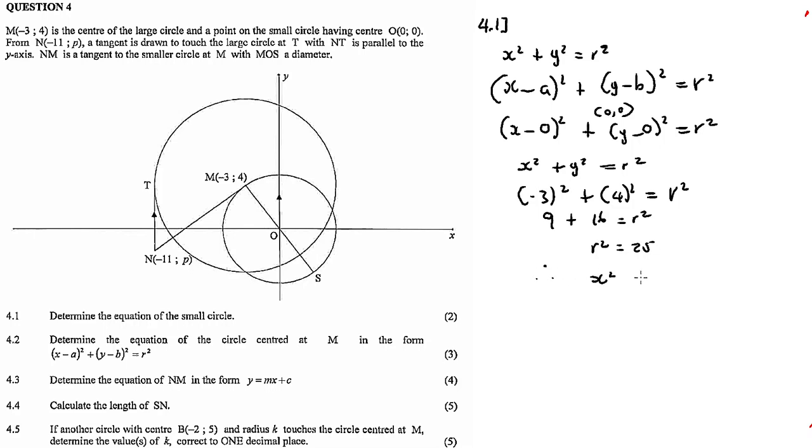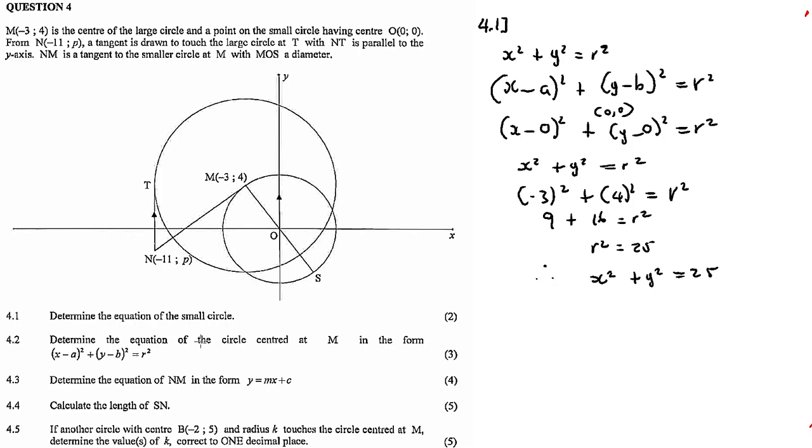Then x squared plus y squared equals 25, with the origin substituted, which happens to be (0, 0). This is the equation for the small circle centered at the origin.